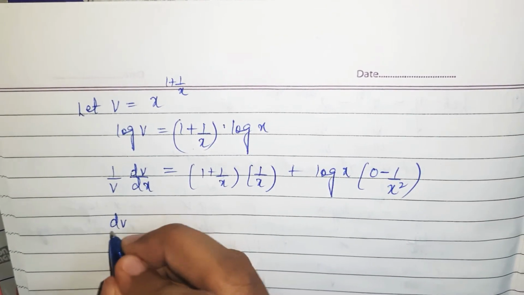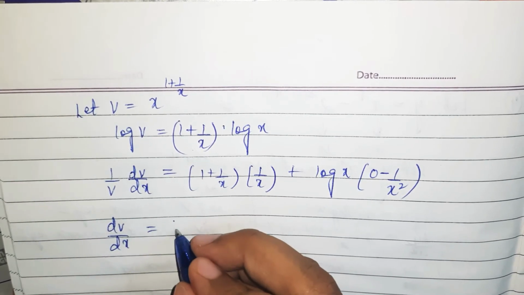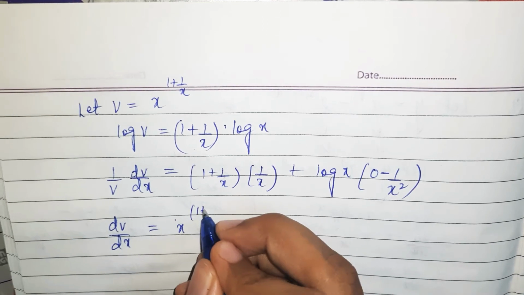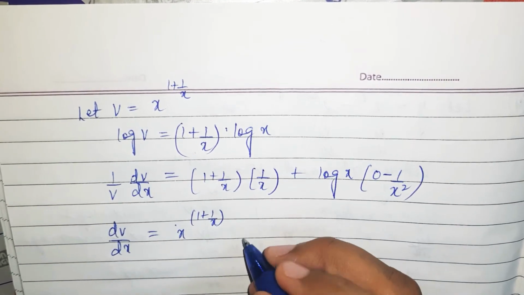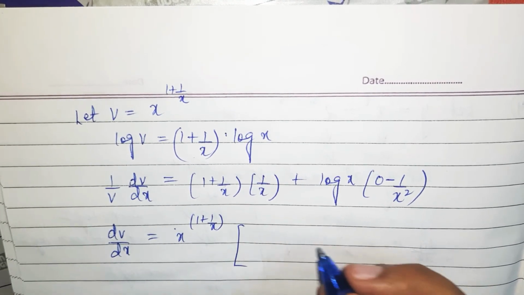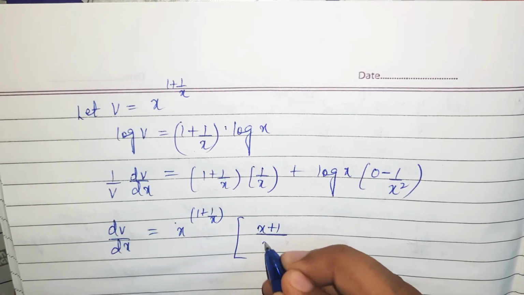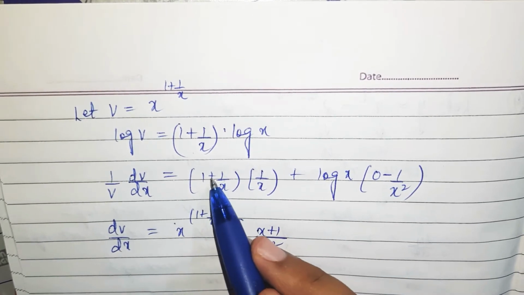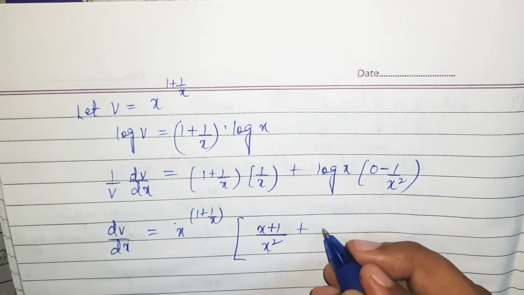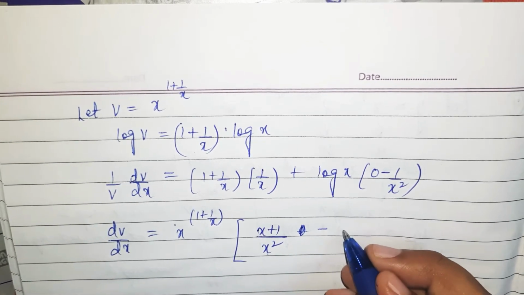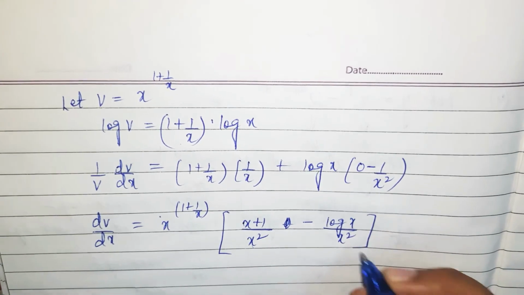So here dv/dx will become v times (1 + 1/x) · (1/x), and this becomes... If I take LCM, this term is (x + 1)/(x · x), then this will become minus log x/x².